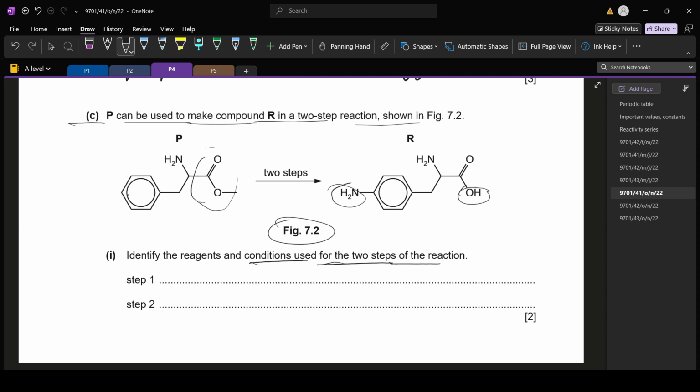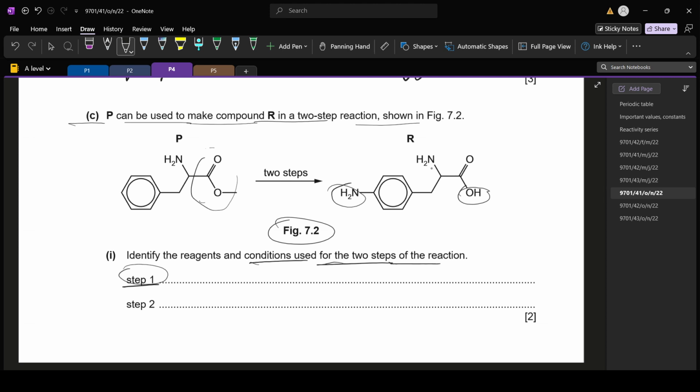So in the first step, you hydrolyzed this ester to form this carboxylic group. Sorry. So what will be the conditions?